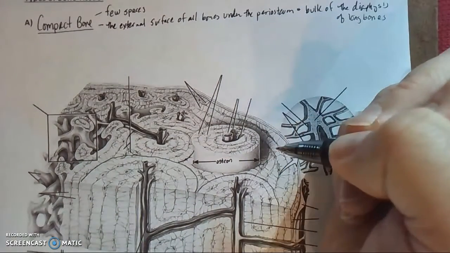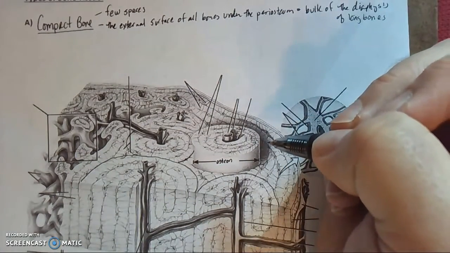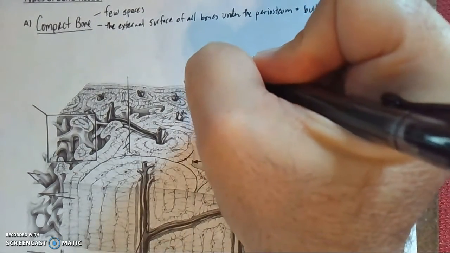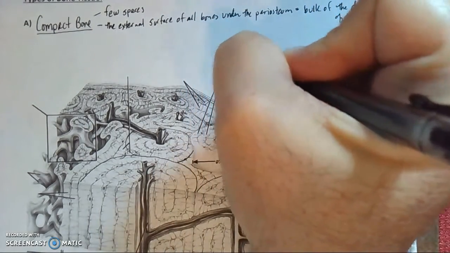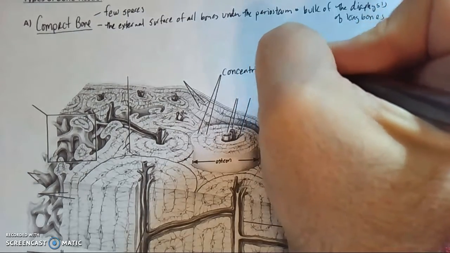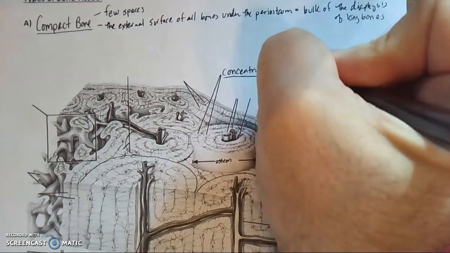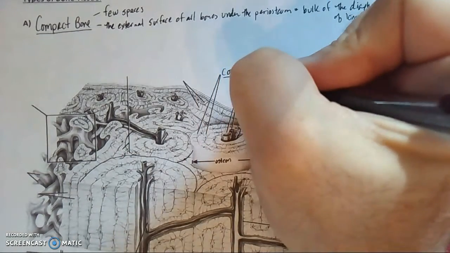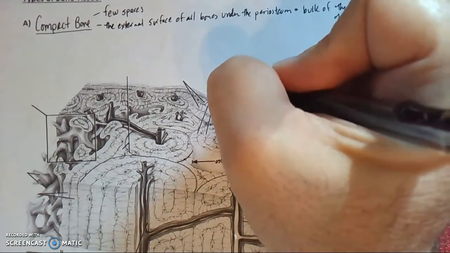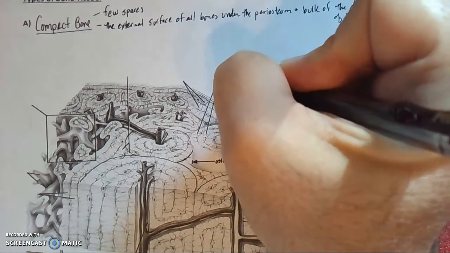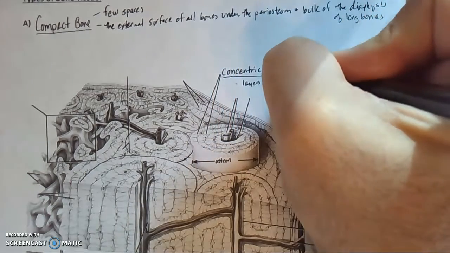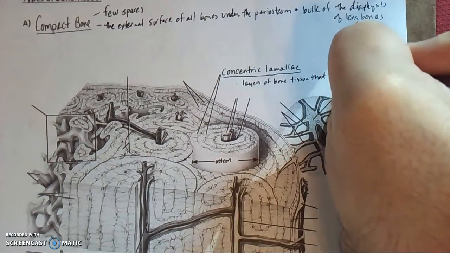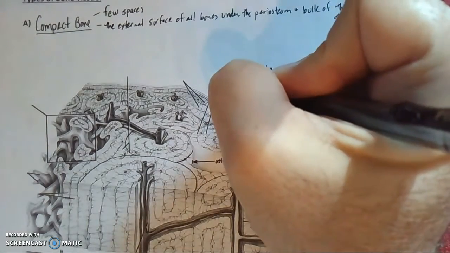Those have a certain structure. So the first thing that we can see is that you have these concentric layers. These are called concentric lamellae. Lamella would be singular. And these are layers of bone tissue that surround a central canal.